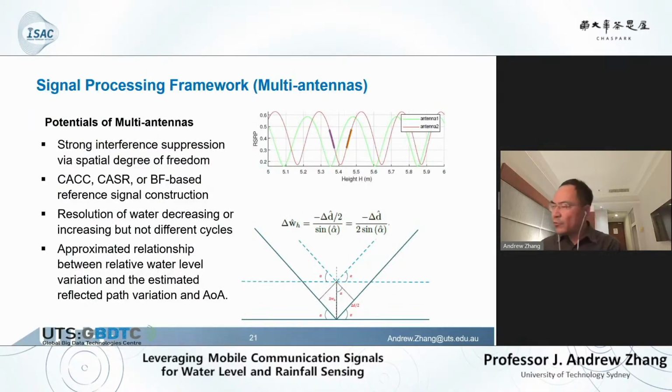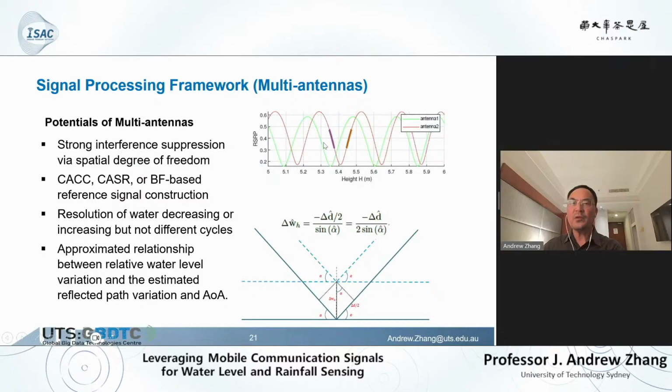Next, let's have a look at the multi-antenna scenario. With the use of multiple antennas, we can achieve multiple potential advantages. One major advantage is that with multiple antennas, we can easily identify, for example, whether the water is increasing or decreasing simply via the power curves.